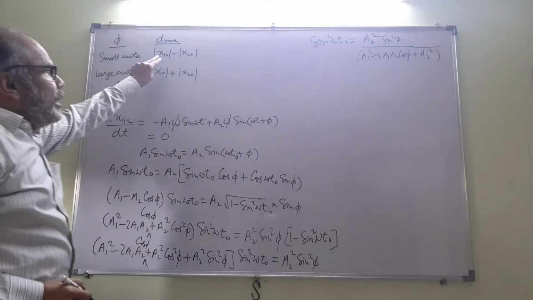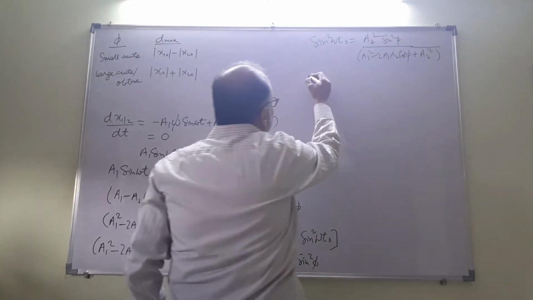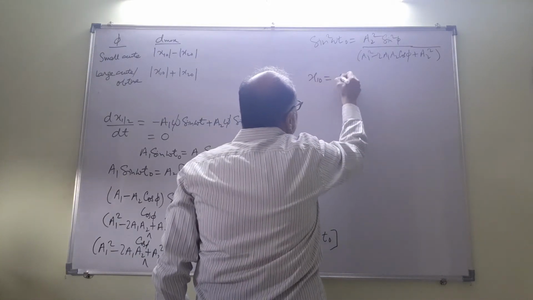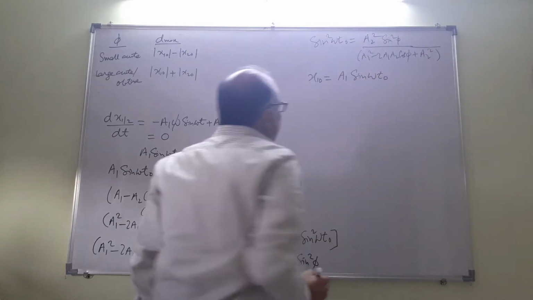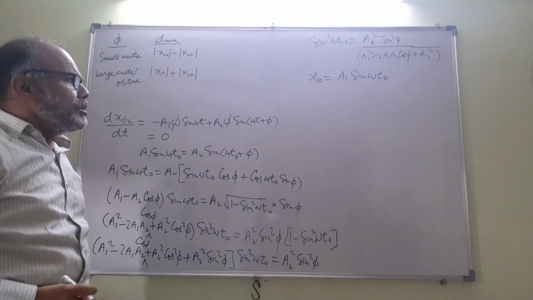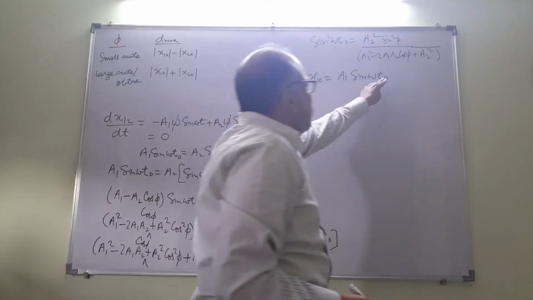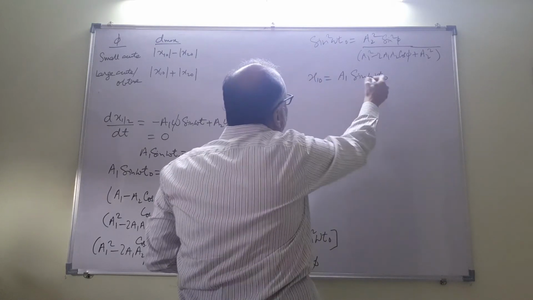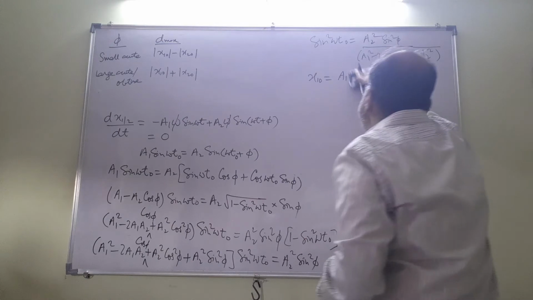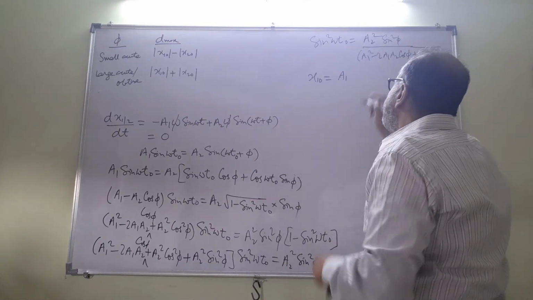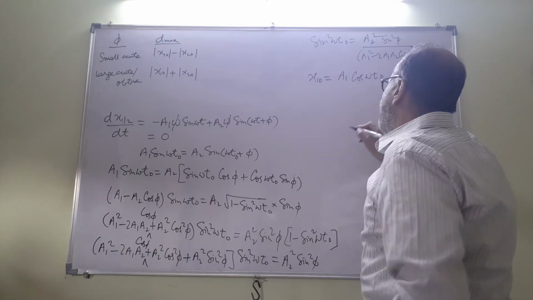Now let us find what is x1 naught. X1 naught would be a1 sine of omega t naught, because the equation is x1 is equal to a1 sine omega t. So x1 naught at omega t naught we are finding out. Sorry, it is not sine omega t naught, it is cos. The defining equation we are taking is cos of omega t naught.